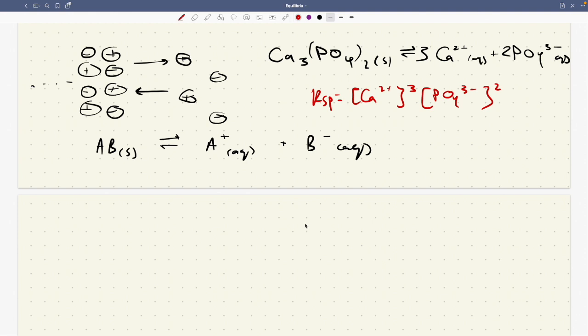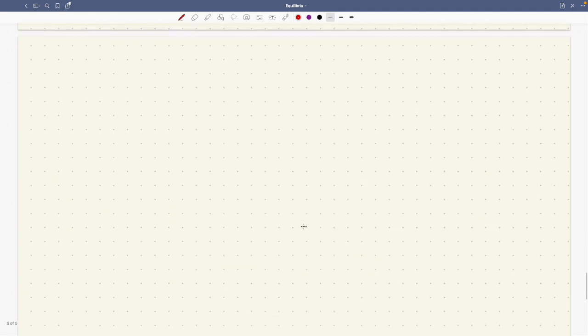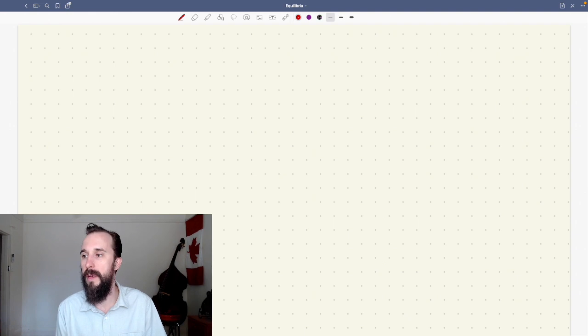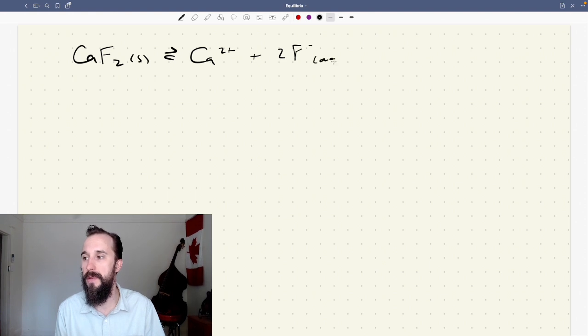So if we scroll down a little bit, we had calcium fluoride. Let's write an equilibrium expression here for calcium fluoride. We're going to have CaF2 in the solid, at equilibrium with Ca2+ and 2 F-, both of those in the aqueous phase like that.